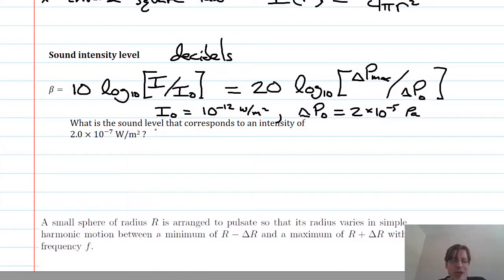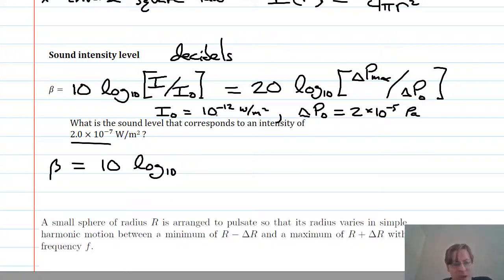For example, what's the sound level in decibels that corresponds to this intensity, like 10 to the minus 7 watts per square meter? So I need the number of decibels. It's 10 log base 10, not natural log, but log base 10. And then I have to take this intensity and I divide it by the reference intensity. You don't just take log of this. You have to divide it, compare it to the reference one, and then take the log.